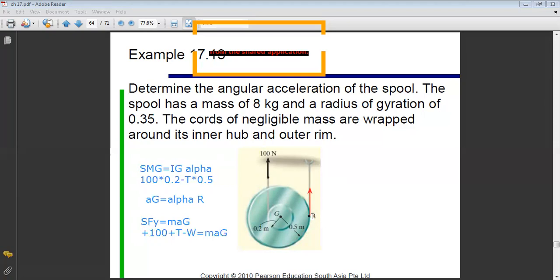If I do sum of moment about A, or sum of moment, let's say about G, okay, I have the 100 Newton force producing a clockwise couple. This clockwise couple will tend to rotate my disk in the clockwise direction, and it will lift my center upward, because when it rotates clockwise, G will go up.